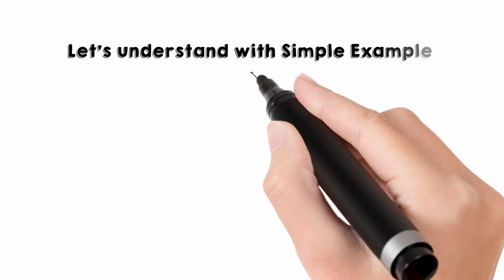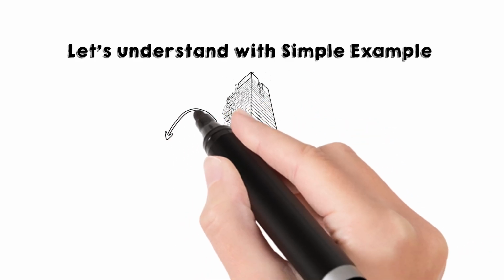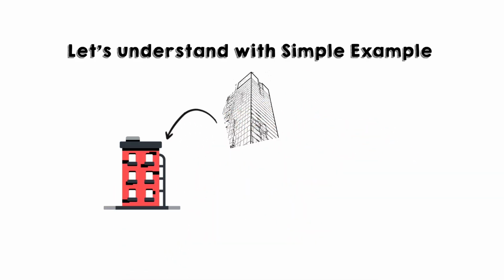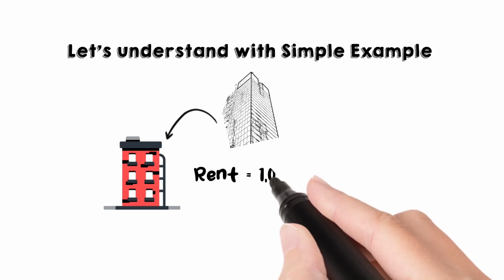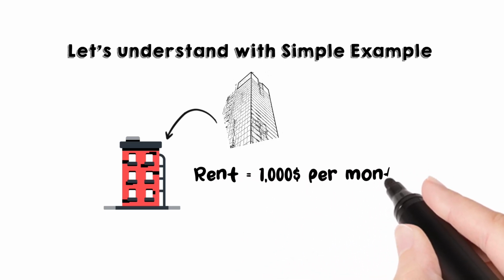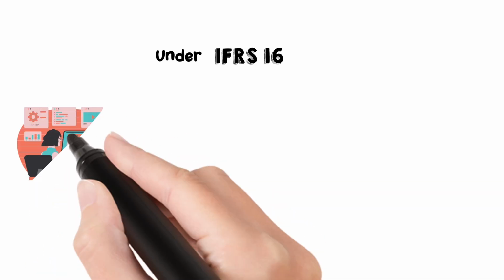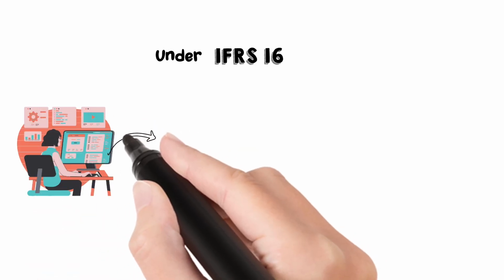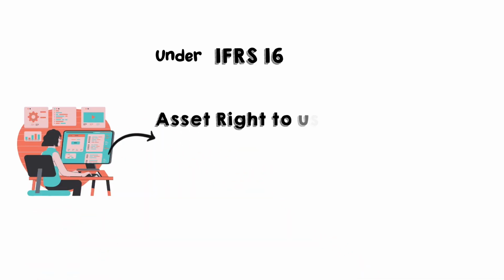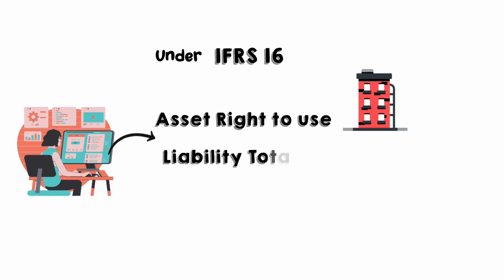Let's understand with a simple example. A company takes a building on lease. Rent equals $1,000 per month. Lease period equals 3 years. Under IFRS 16, record an asset, right to use, building. Liability, total lease payments.